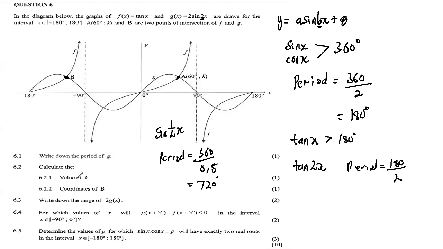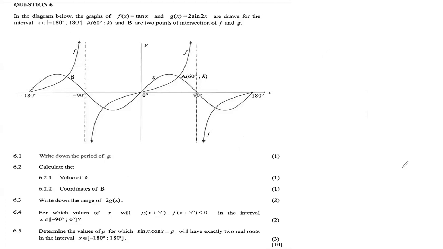Okay, so 6.2.1 says, calculate the value of k. If we locate k, we can see that it is at point A, which we were told is a point of intersection. So we can calculate the y value by using either the graph of f or the graph of g, since A is a point of intersection between the two graphs.